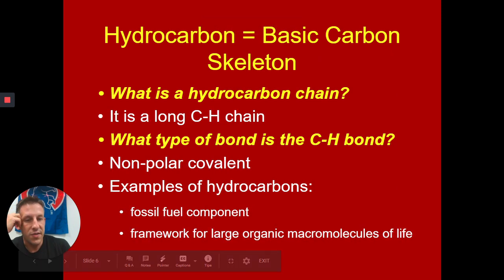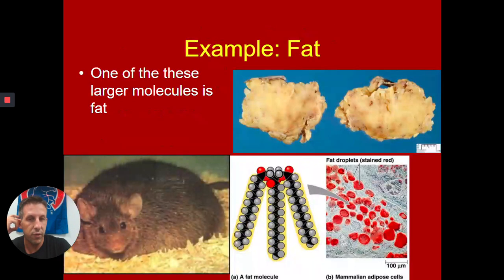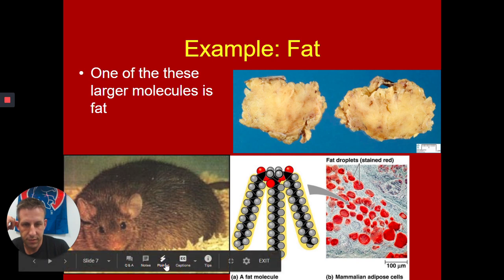You also see these hydrocarbons as frameworks for large organic macromolecules of life. One of the ones that comes to mind right off the bat is a fat molecule. Fat molecules, let's see here, get my pointer, are these guys right here. We're going to talk more in depth about fat molecules in chapter 5, but this right here is a fatty acid.